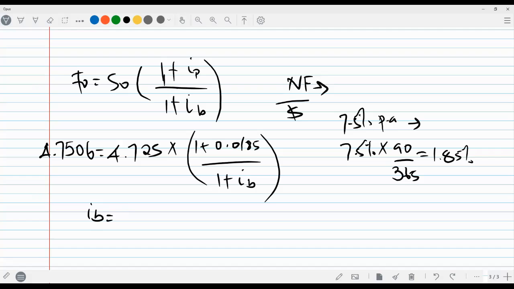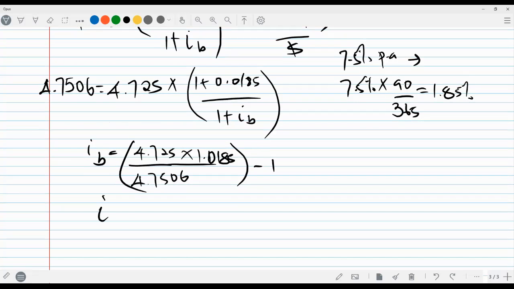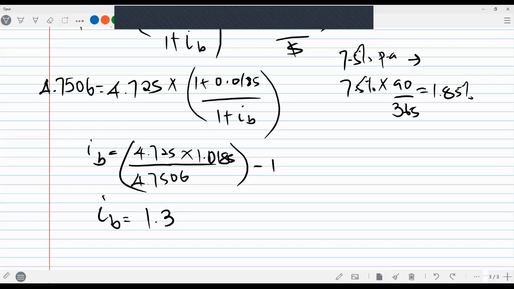The interest rate in the base currency, in this case the country with the dollar, is equal to 4.725 divided by 4.7506, and that is 1.0185, minus 1. And you get 1.3%. And that is it, 1.3%.